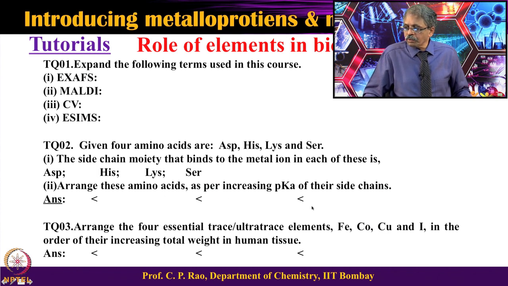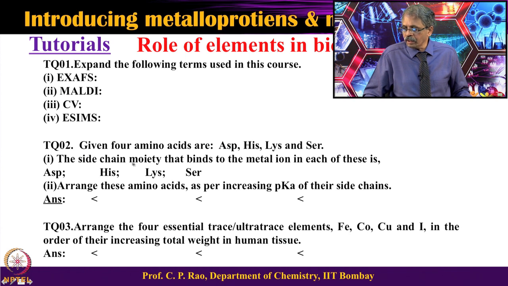I have also given you the pKa's, and you know that the alcoholic OH will have very high pKa, while the COOH will have very low pKa, and imidazole and the phenolic will be in between, and the SH will have slightly higher too. So, this is another question: arrange these amino acids, aspartic, histidine, lysine and serine, in the increasing order of their pKa.